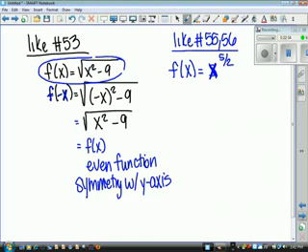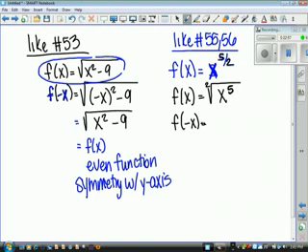So from algebra 1 and algebra 2, x to the 5 halves power really means the square root of x to the 5th. So that's really what f of x means. Remember, the bottom number is your index, and this top number, the numerator, is your exponent.